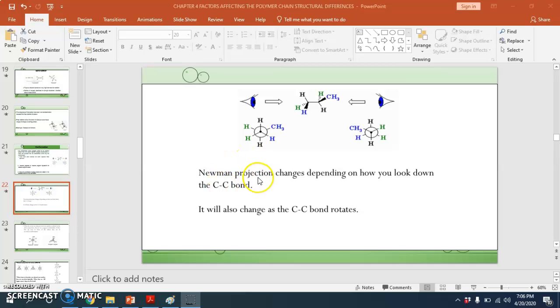So a Newman projection will look lengthwise down a specific bond of interest, in this case the carbon-carbon bond in propane. By looking from this side, we're looking down at the carbon-carbon bond, and by this side, we're looking at this carbon-carbon bond.